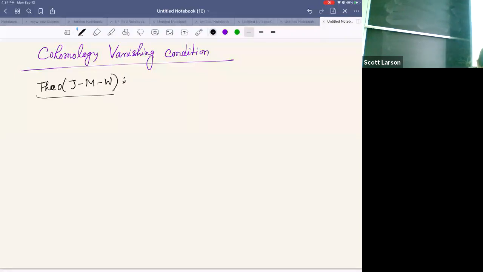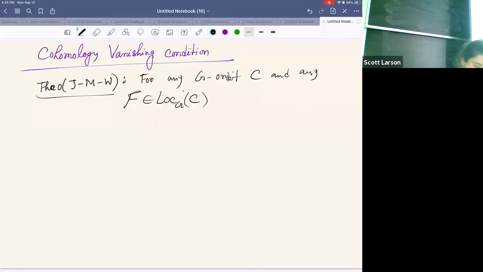It says that for any G orbit C in the nilpotent cone and any local system F on C, I have the G equivariant cohomology of F to be 0 for odd degree.